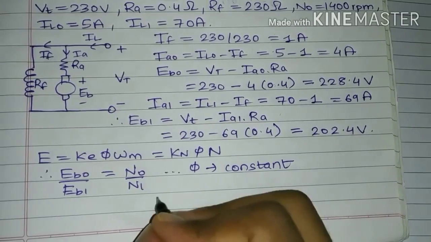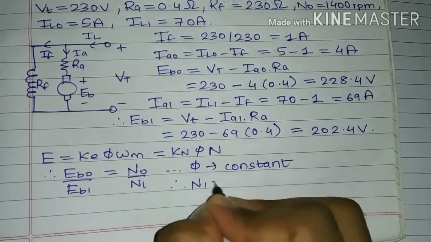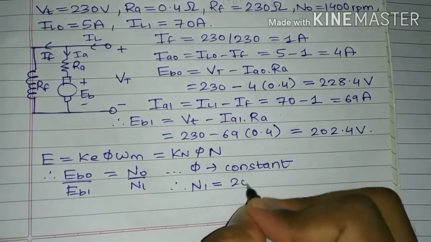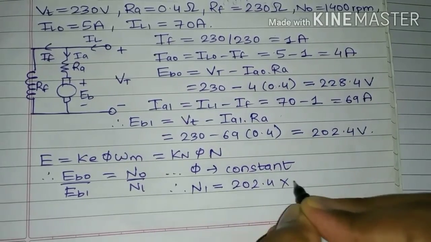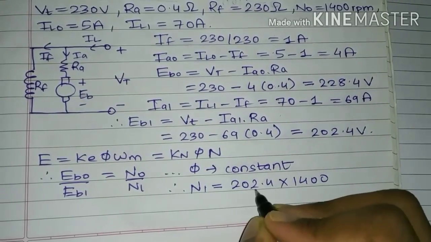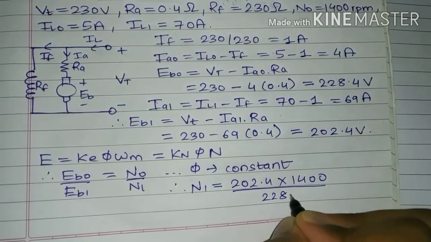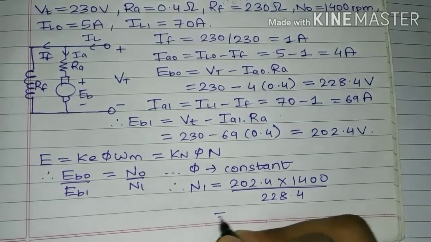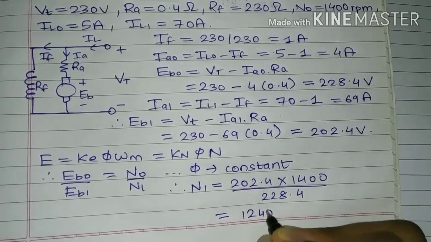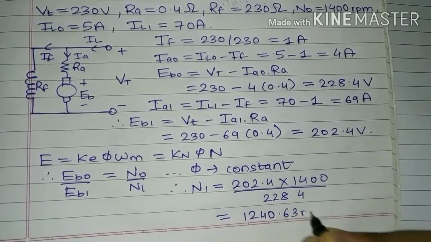Hence the full load speed N1 is equal to 202.4 into 1400 divided by 228.4, which turns out to be 1240.63 rpm. Hence this is the full load speed.